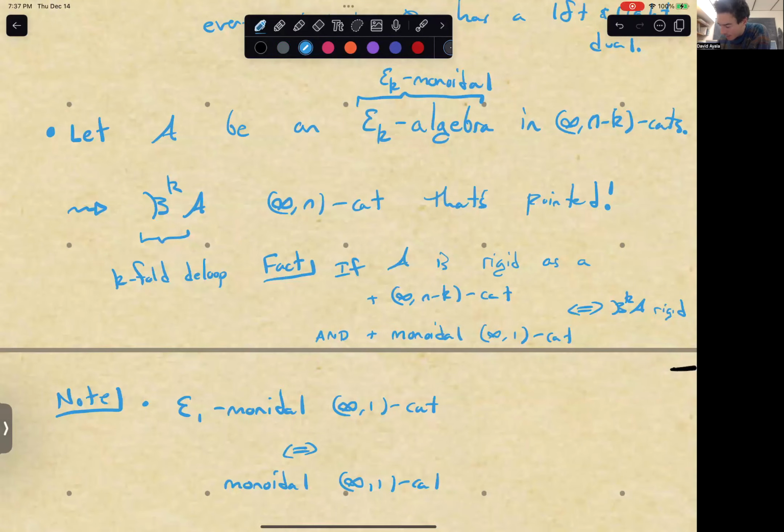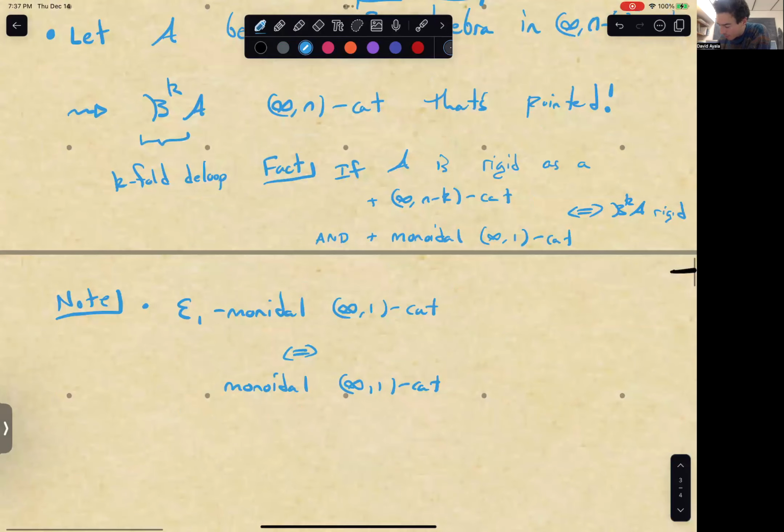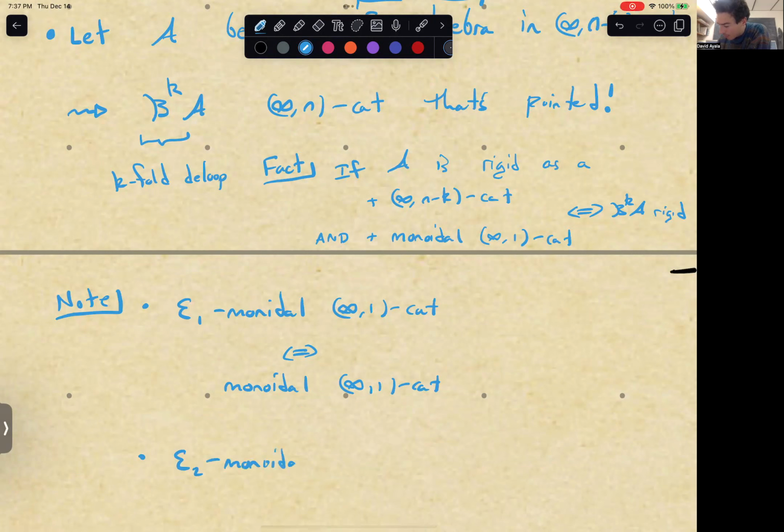And secondly, an E_2 monoidal infinity one category, in fact just a one category, is the same thing as a braided monoidal one category.